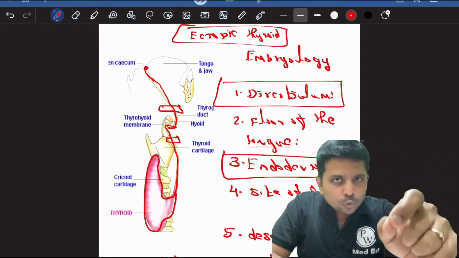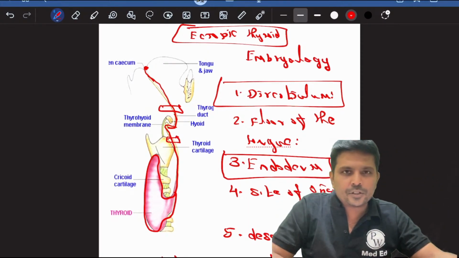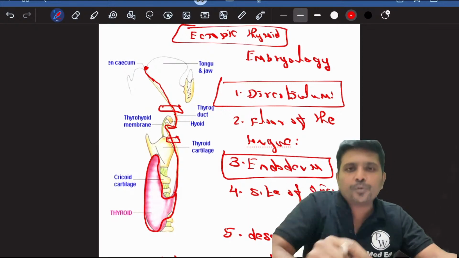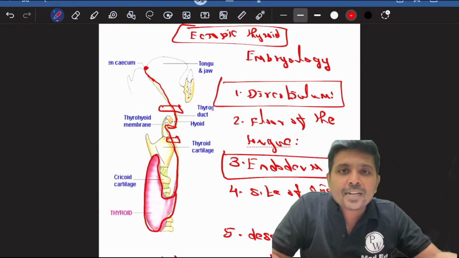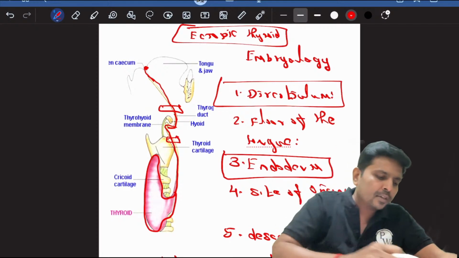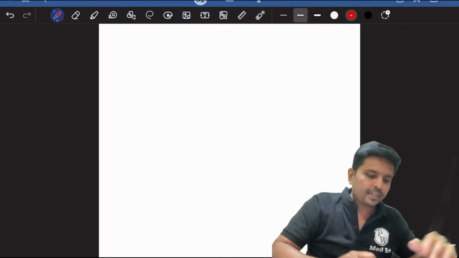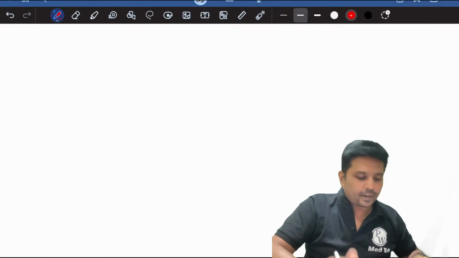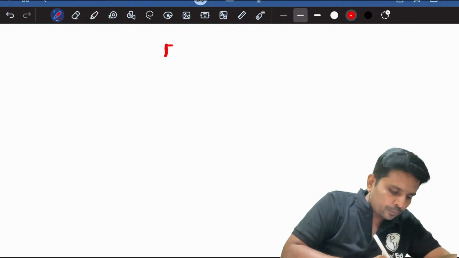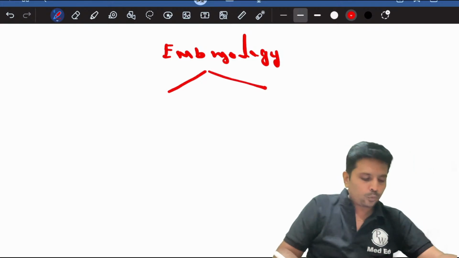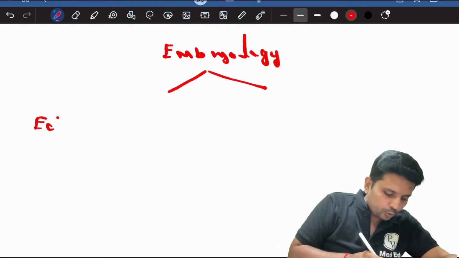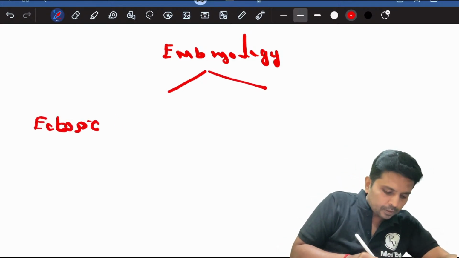You can remove a thyroglossal cyst, but you are not supposed to remove an ectopic thyroid, because it is the ultimate source of thyroid hormone synthesis. So from embryology, there are two things that were taught to you. One is ectopic thyroid.